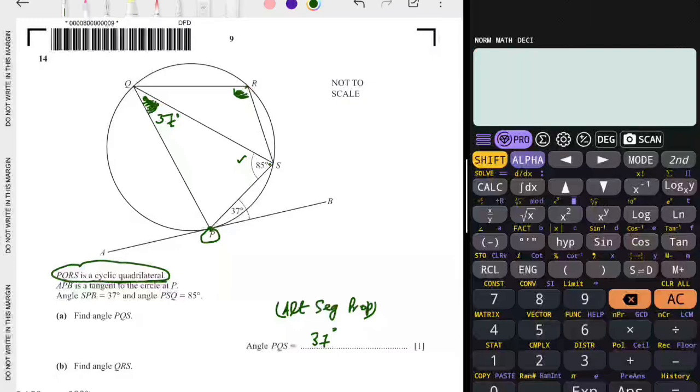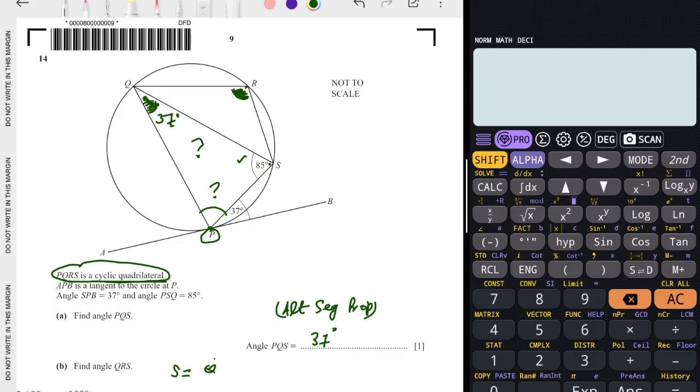So this is called cyclic quadrant actually, and their opposite angles are supplementary. Remember this thing. So we need to find out this angle first of all. As we can see, this is a triangle, and we know that the angles of a triangle sum up to the 180 degree.